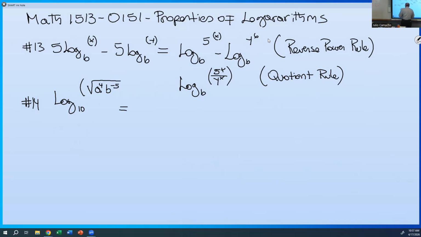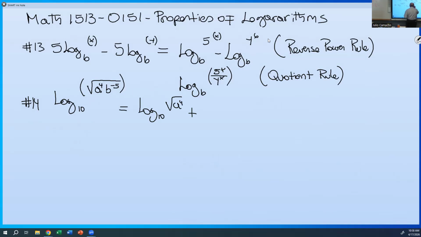Because my first step is I will convert this exponent from radical and go to exponential. So I have a log base 10, and I will do individually the square root of a to the 4.